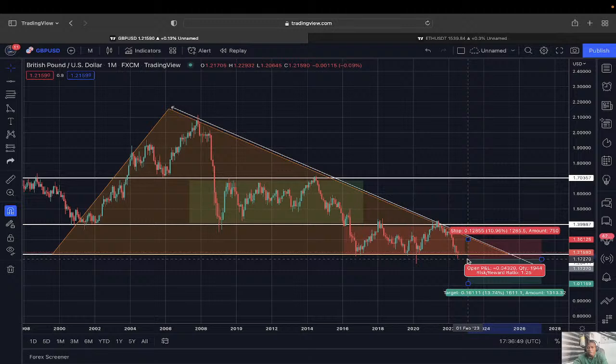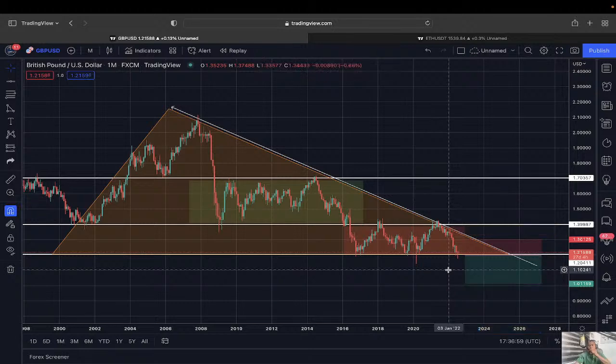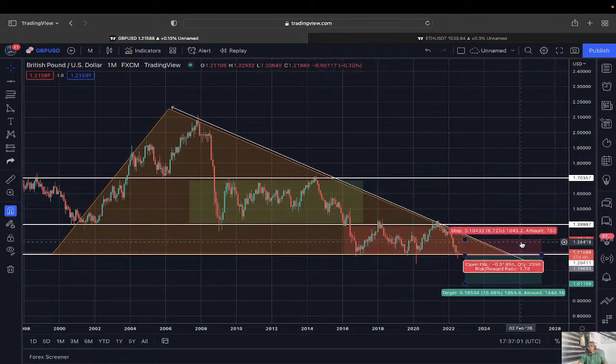Good. So your stop loss would be at 1.30125, and your take profit would be at 1.01159.